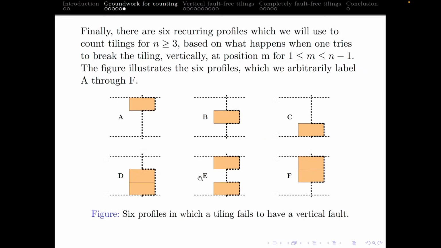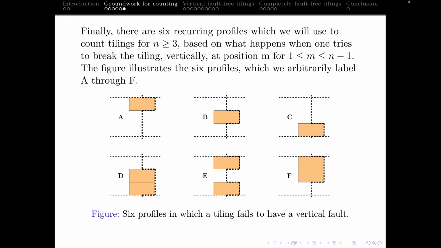Now lastly, we define the last and most important piece of machinery that we'll be using, which is overhang profiles. So what is this? These are basically 6 images of what we get when we look at any stage of the tiling from left to right.